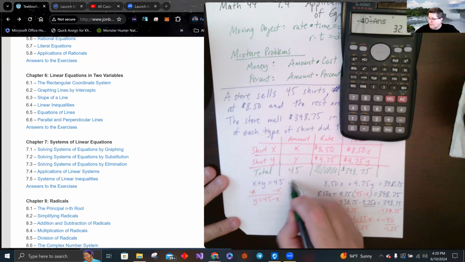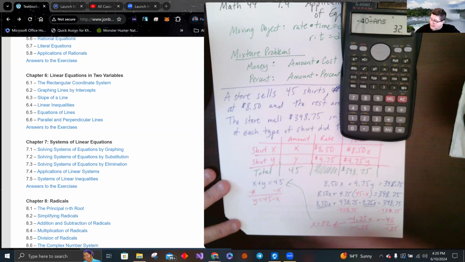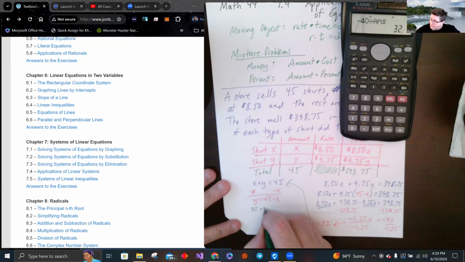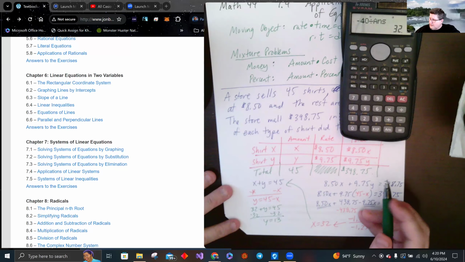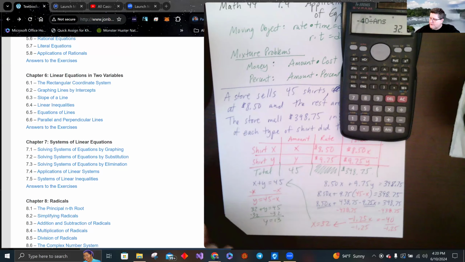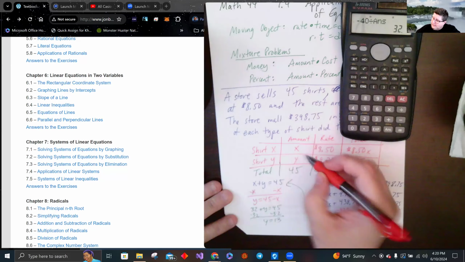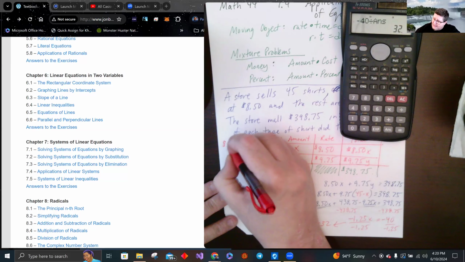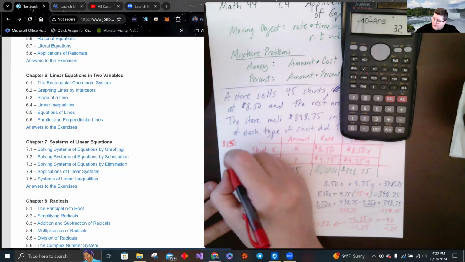I will take that and plug that in up here. 32 plus y equals 45. Y equals 13. So for the $8.50 shirt, they sold 32 shirts.